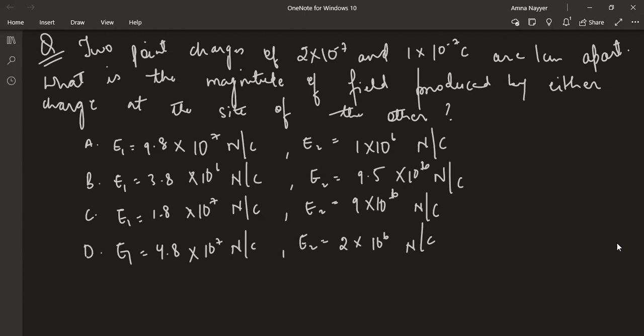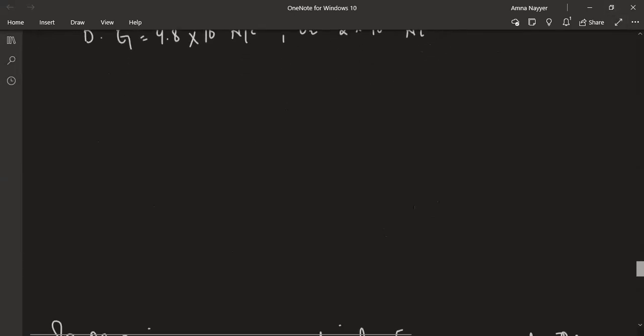So E1 is equal to 9.8 into, these are the options given. So let's just not read it directly. I'll tell you the solution. See, for E1, I'll write E1 on one side and E2 on the other side. This will be equal to K Q1 by R square, right?